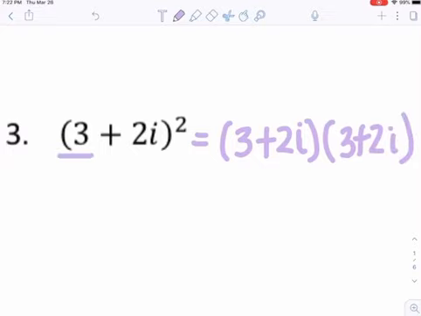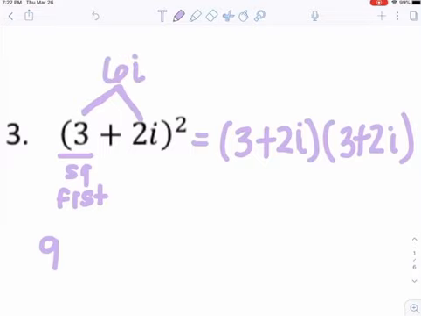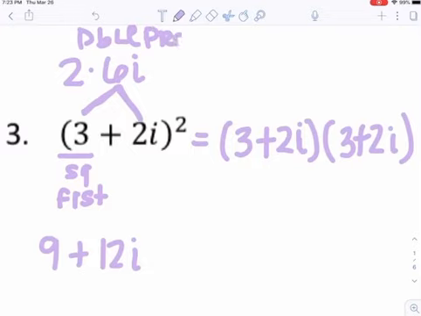Or we could square the first. So that becomes 9. Then to get the middle term, it's the same thing. So I'm going to multiply these two together. So I get 6i, and then I'm going to multiply that by 2. So that becomes 12i. Okay, that's double the product.